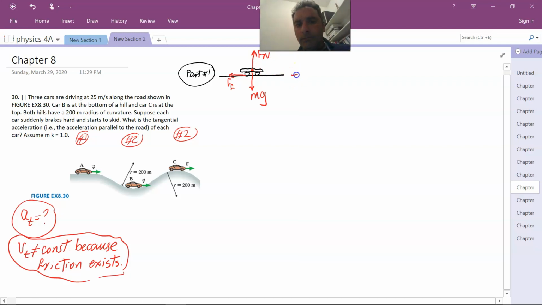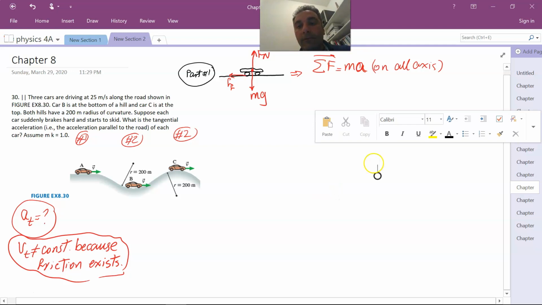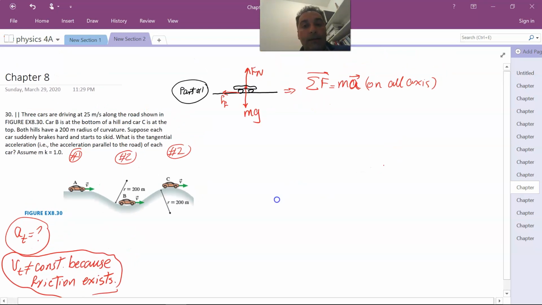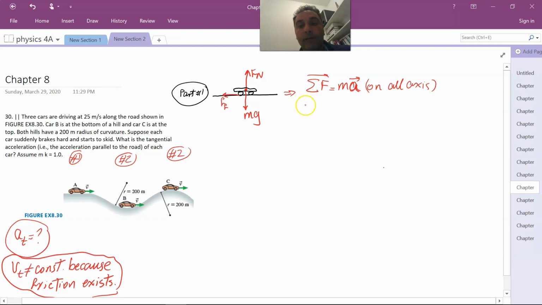Okay. So let's see what dynamics means. Sigma F is equal to what? ma on all axes. First I have to find the friction force.